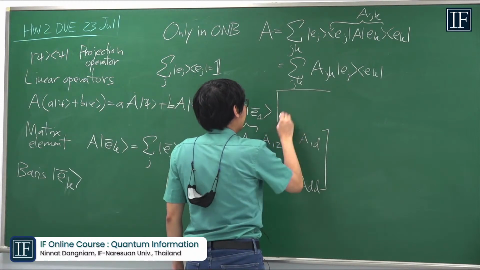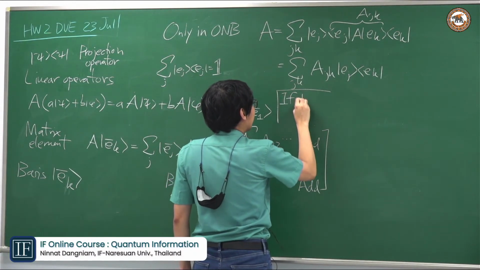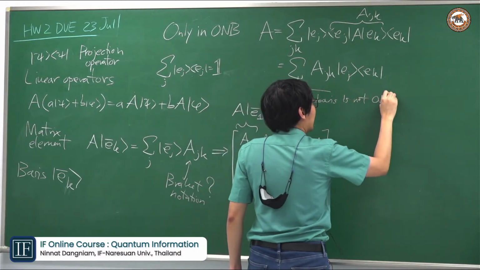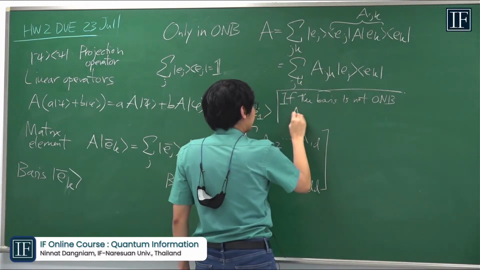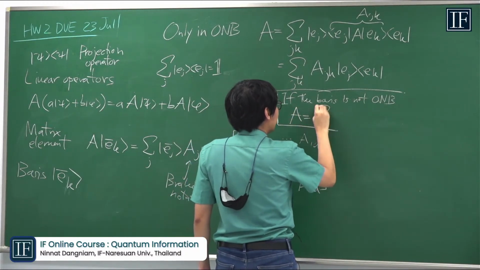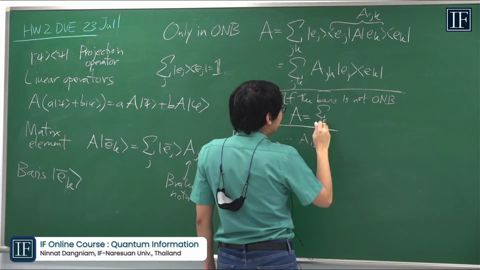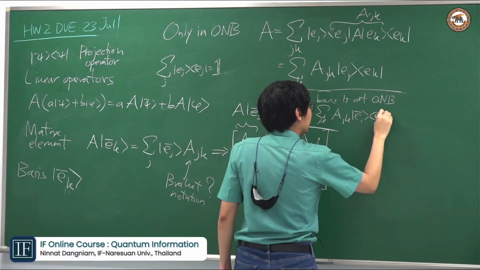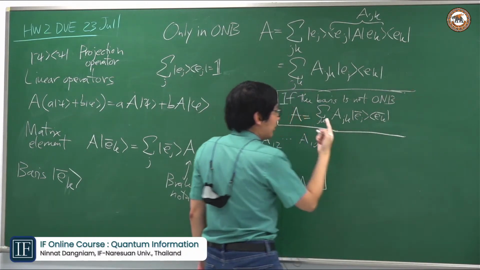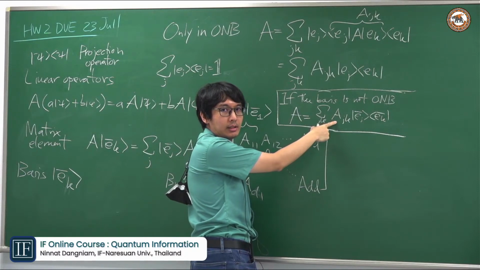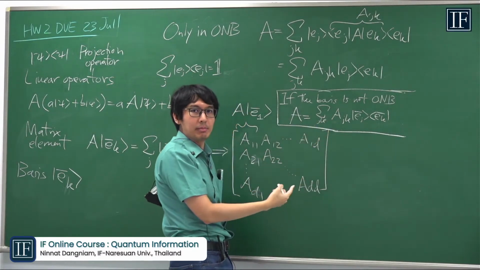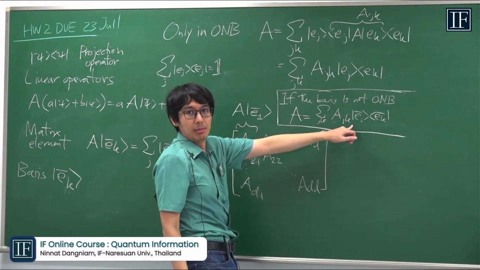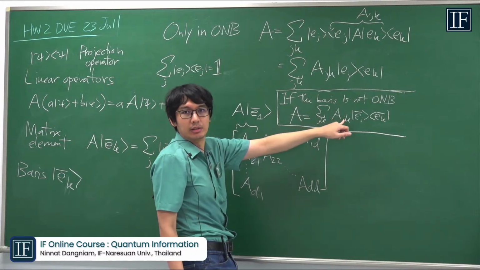On the other hand, if the basis is not orthonormal, it's true that I can still write this. However, I cannot single out one matrix element just by acting with, say, EJ bar, because it's not going to be orthogonal anymore.